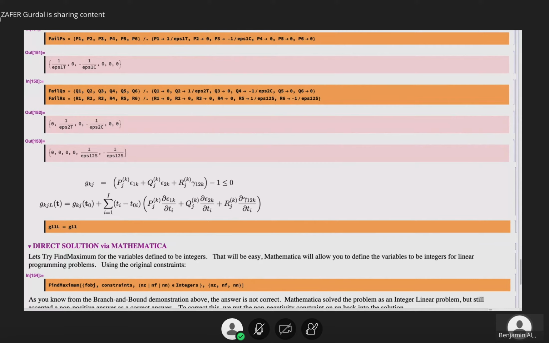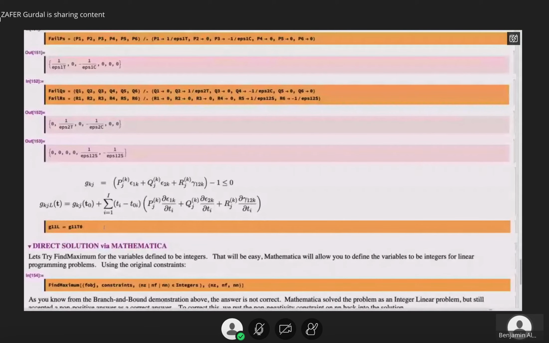And I'm going to call this T0 for the design point. So I'm going to have to actually compute this value to substitute in here. And then I have summation over I from 1 to 4, 4 different orientation angles.